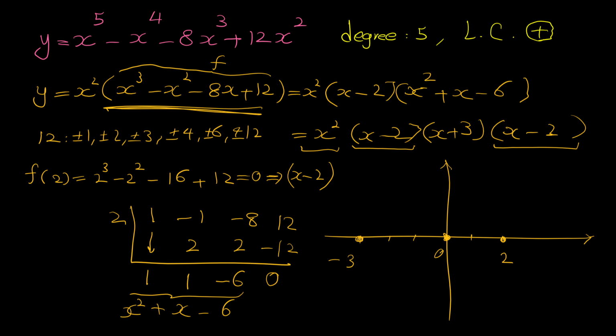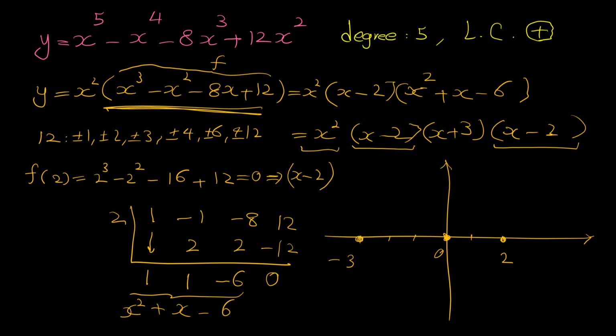0, please pay attention to this, 0 from this factor x^2, it means x times x, so this is a repeated factor. So we have to see a bounce at 0. And also because x minus 2 is a repeated factor, because we have 2 x minus 2 in our factored form, at 2 we will see a bounce in the graph.